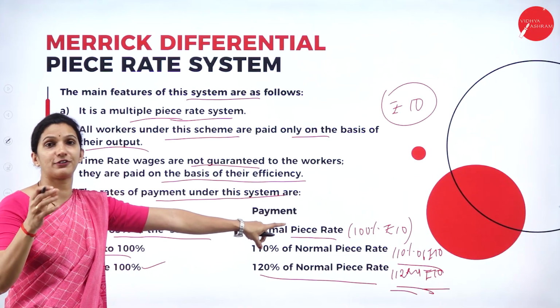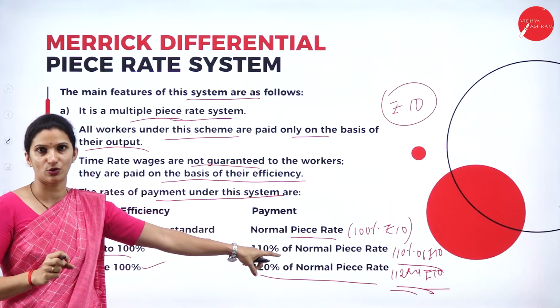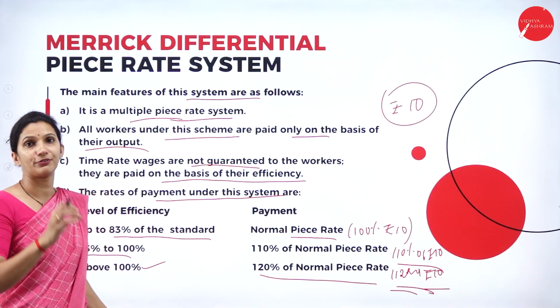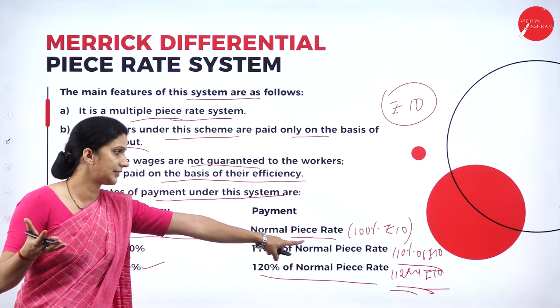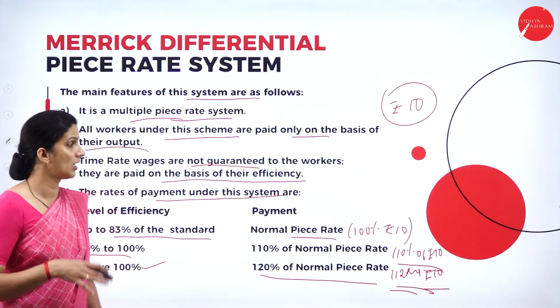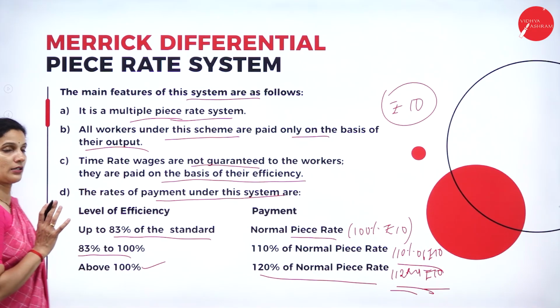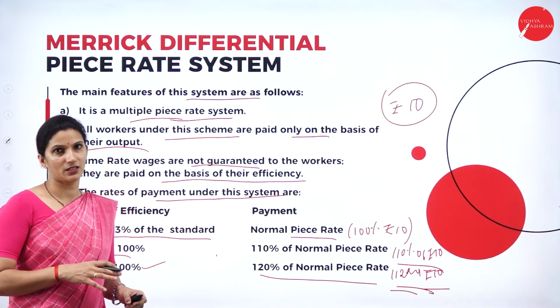So in the example, 10 rupees into 110% he is going to get. And third level, if a worker has more than 100% efficiency level, he will get 120% of the normal piece rate. So this is the important multiple piece rate that you need to remember under the Merrick differential piece rate system.